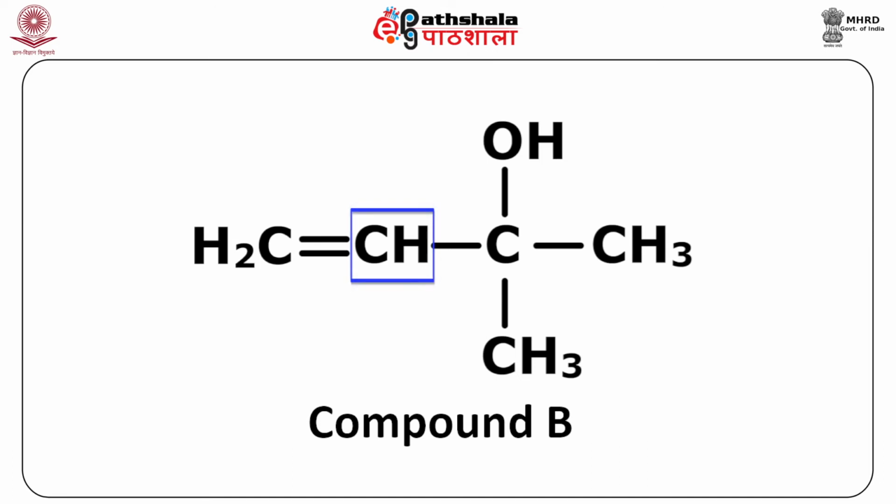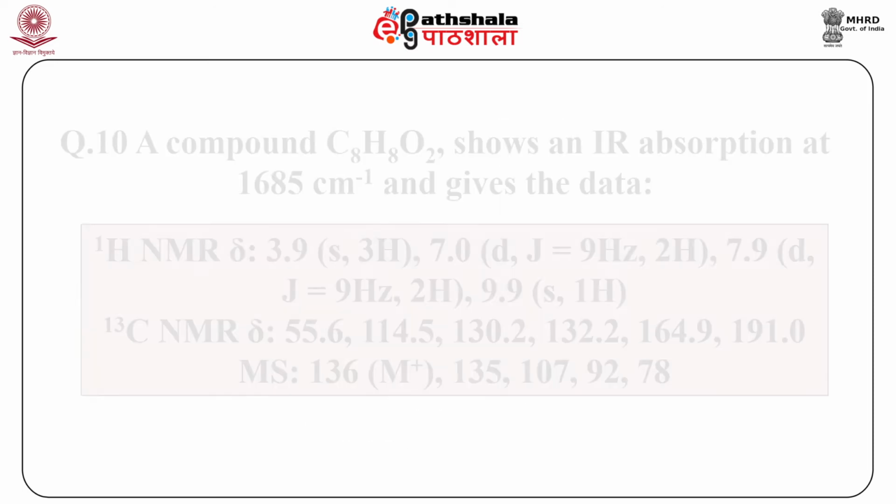This is very specific for alkenic hydrogens. Therefore, we can assume the structure to be CH2=CH, C(OH) and 2 methyls. Hence, the spectroscopic data are very conveniently able to elucidate the structures of the two compounds with the given molecular formulas.